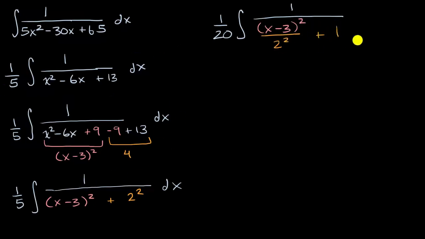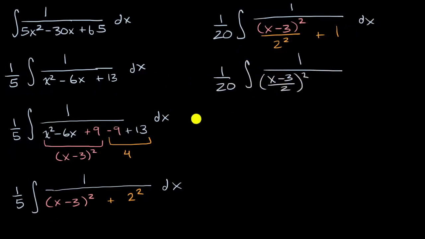And of course, we have our dx. And I'm trying to do every step here. A lot of these you might have been able to do in your head. So 1 over, and I'll just write this as x minus 3 over 2 squared plus 1, and then dx. And now the u substitution is pretty clear.